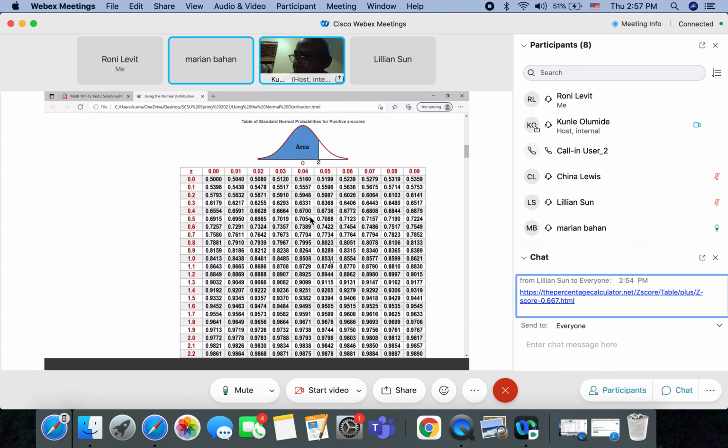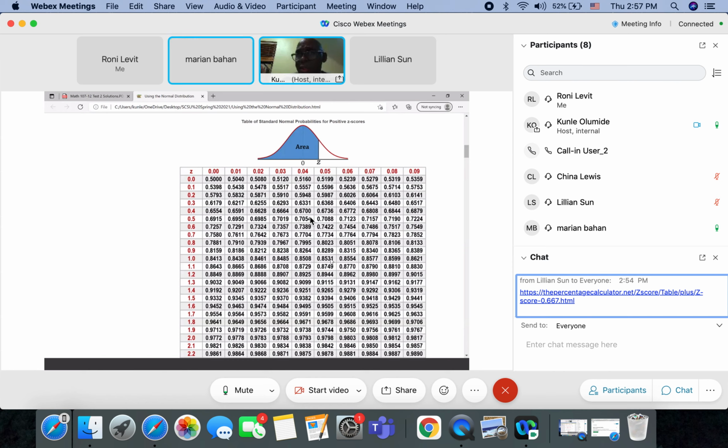Standard normal for 0.666. Oh, okay. So you ask Google that specific question, not a table, but the probability that corresponds to z equals 0.6667. Is that what you're saying? Yeah, and it just gives you that 0.2525. Yes.